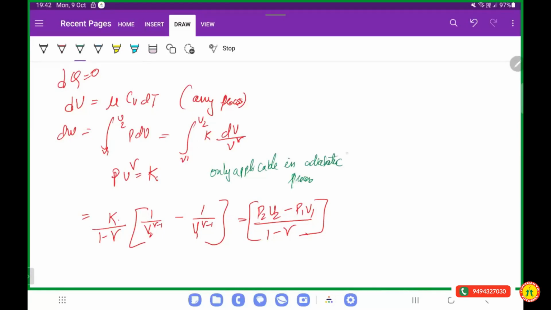Okay, remember this. This is only applicable for adiabatic process, not for all other processes. What this means, this one, P V to the power gamma.